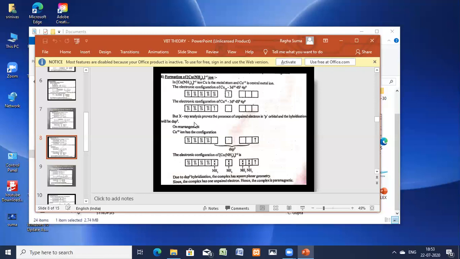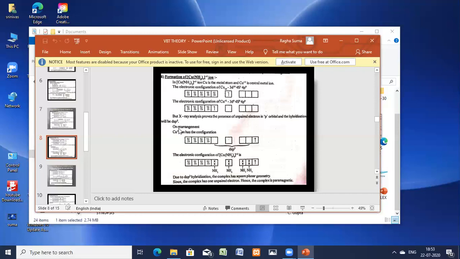Now we'll see the hybridization. Here it is dsp2 hybridization. An electron jumps into the p orbital. From X-ray analysis, it has been proved that this electron has jumped into the p orbital. Therefore, a d orbital is empty, the s orbital is empty, and 2 p orbitals are empty. Empty orbitals are required for hybridization.